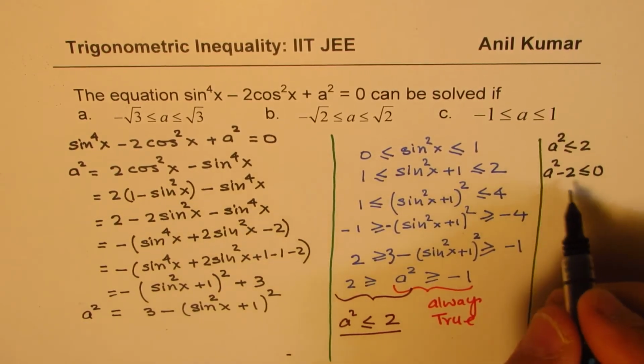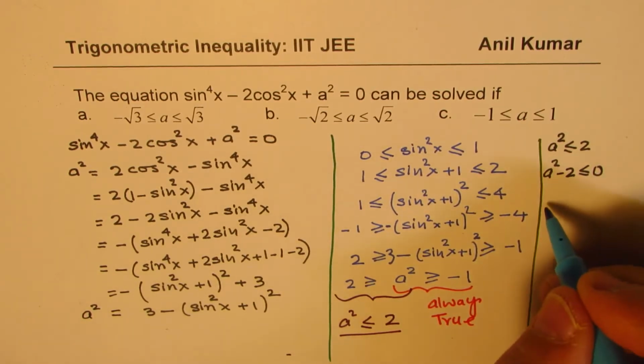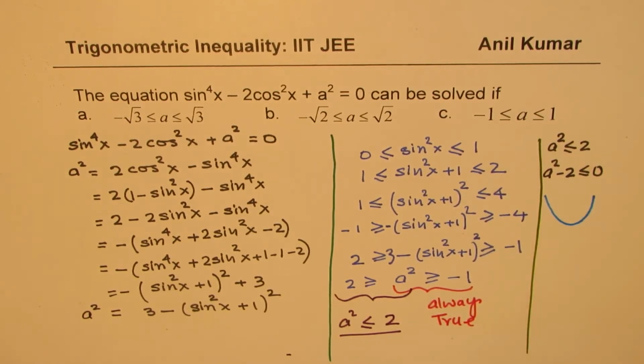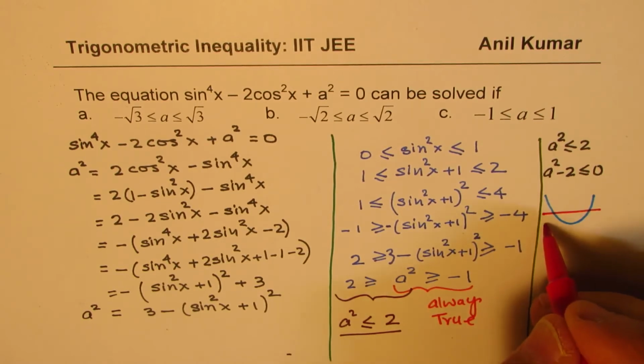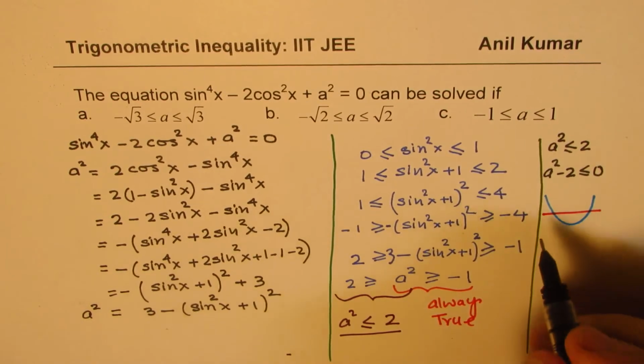Now a square minus 2, you could sketch a graph and then figure it out. A square minus 2 is like a parabola, right? It is a parabola which will have zeros at square root 2 and minus square root 2, right?